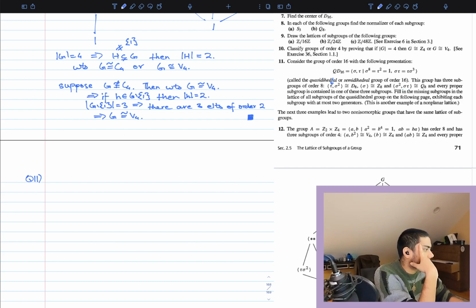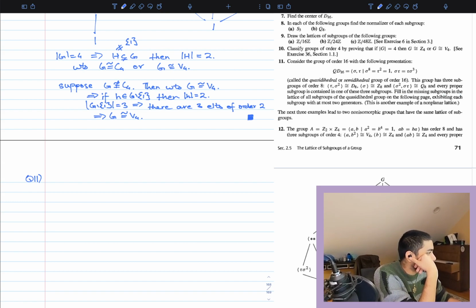Tau kind of acts like the flip. Sigma squared acts like a 90-degree rotation. And what is this? Sigma squared and sigma tau together generate something isomorphic to the quaternion group, which is very weird. And every proper subgroup is contained in one of these 3 subgroups.